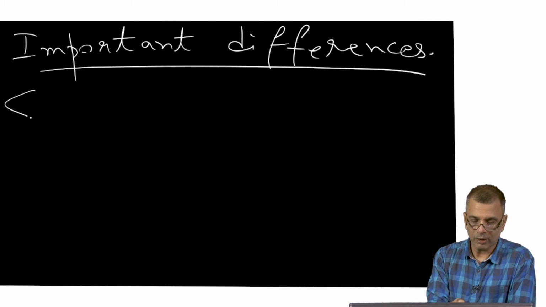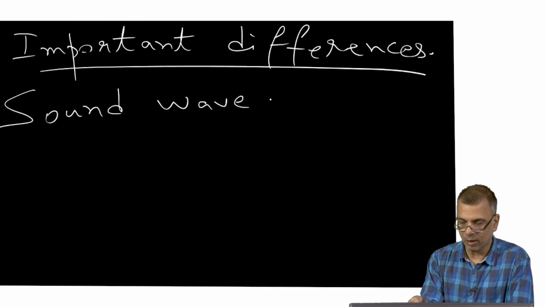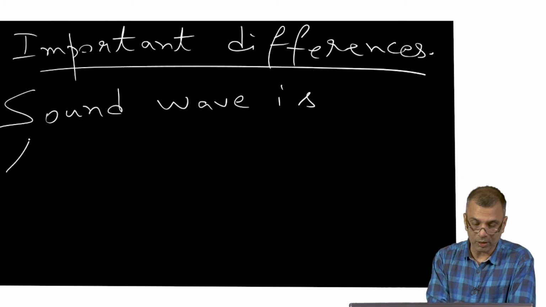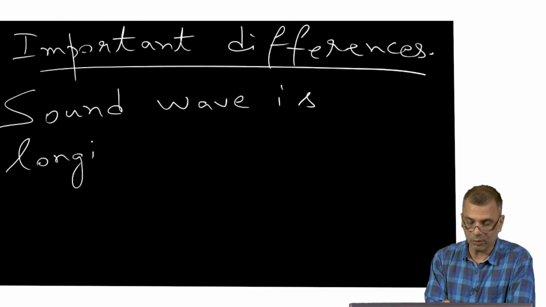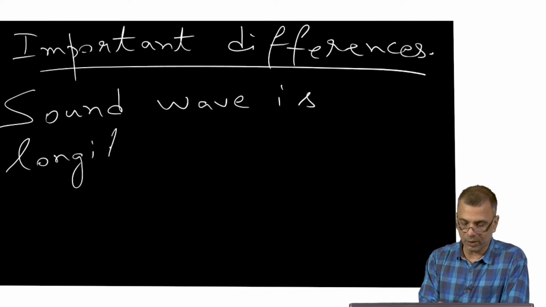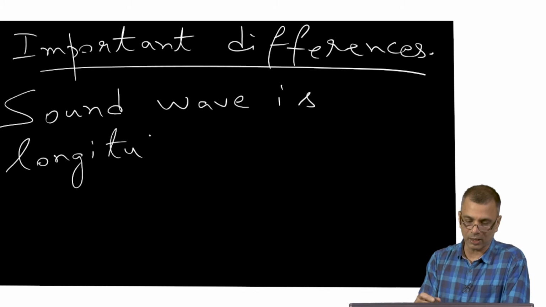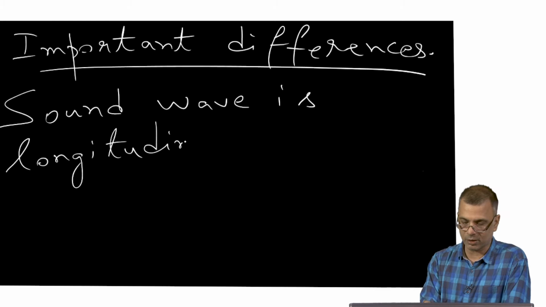The sound wave is longitudinal. In other words, the k, the propagation vector of the wave, is along the pressure perturbations.